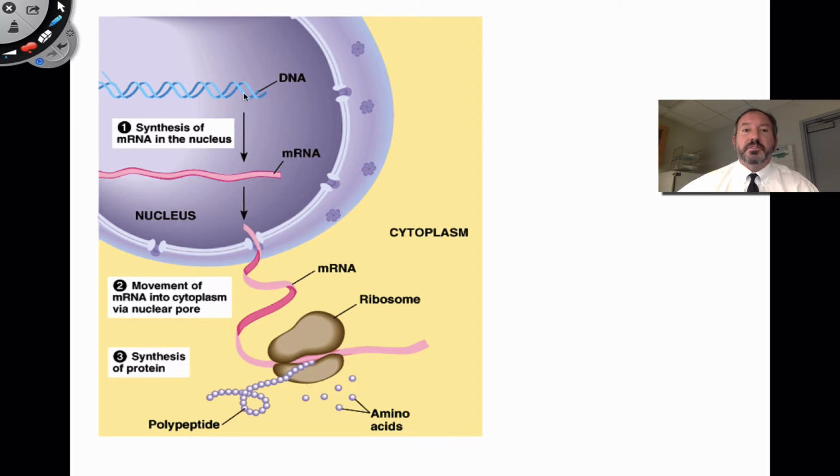This process of turning DNA into RNA is called transcription. Now, this diagram, though I like it a lot, says that it's messenger RNA, but I wanted to point out that all the kinds of RNA are produced in transcription. There's ribosomal RNA, which makes up the structure of a ribosome.